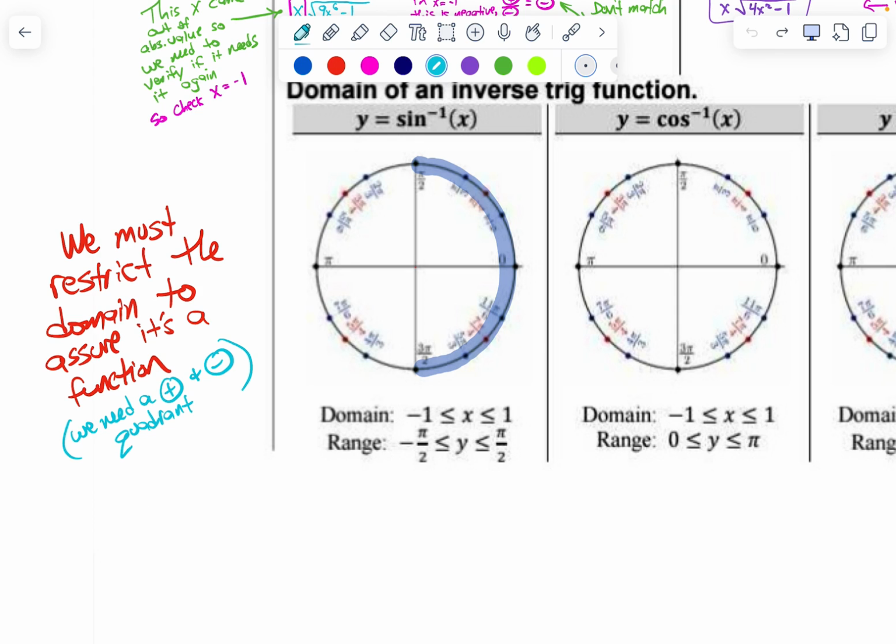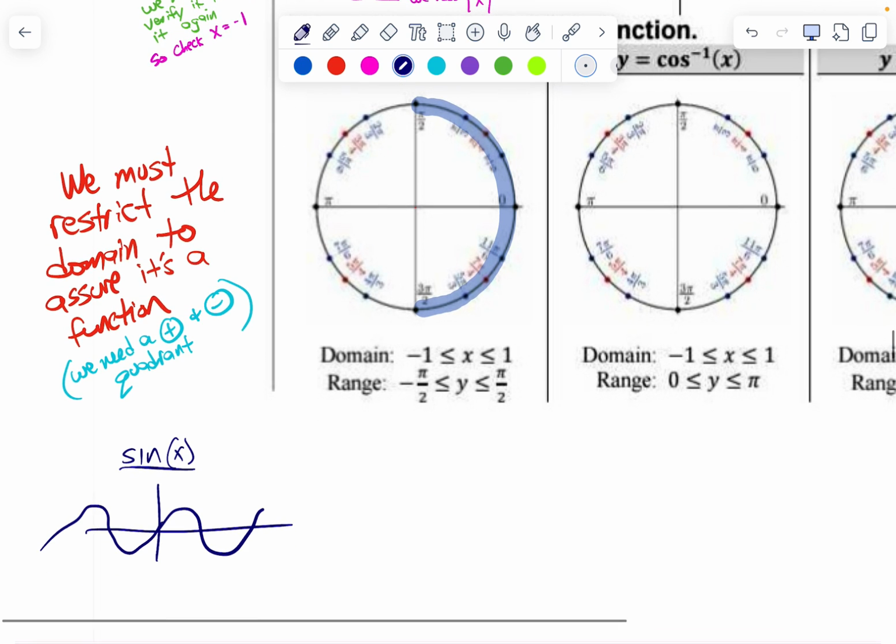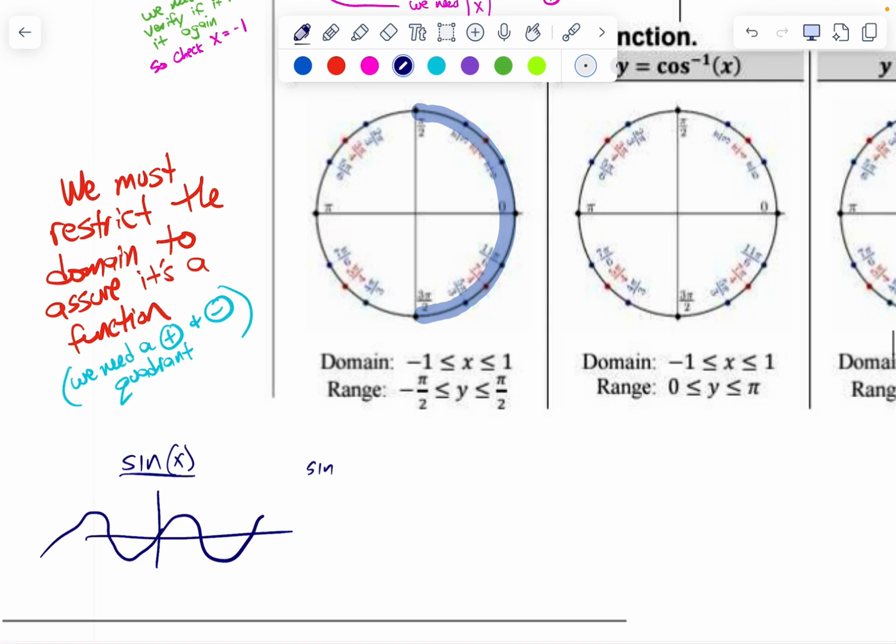If you want a quick background on why this is, the sine of x graph starts at 0 and it oscillates, and then it does the same thing this way. So what does the inverse graph look like? Now it goes this way, right?